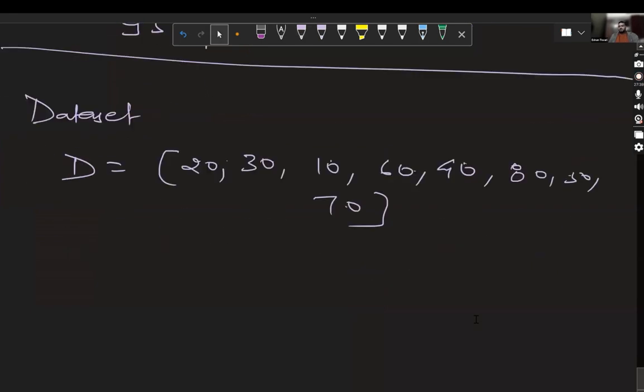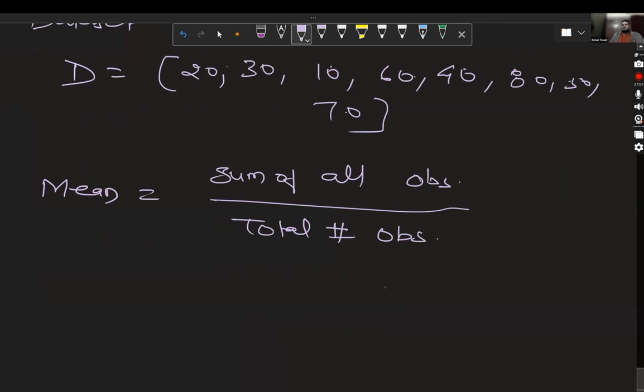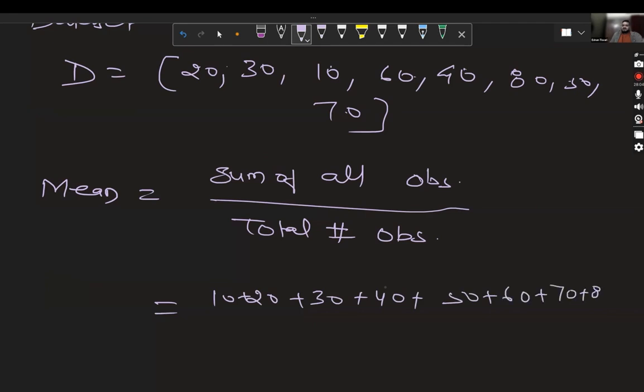Now, the first thing we have to calculate is the mean. How would we calculate it? The mean is the sum of all observations divided by the total number of observations. So I'm going to write 10 plus 20 plus 30 plus 40 plus 50 plus 60 plus 70 plus 80 by 8.